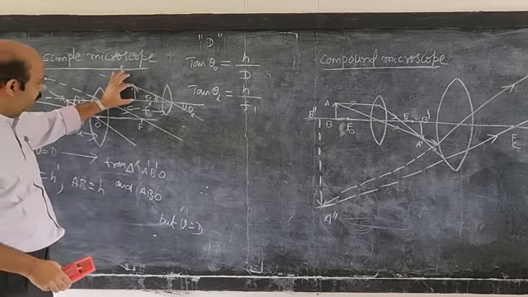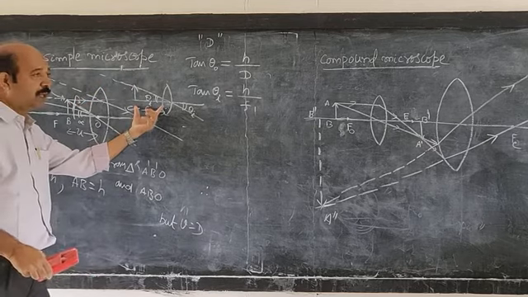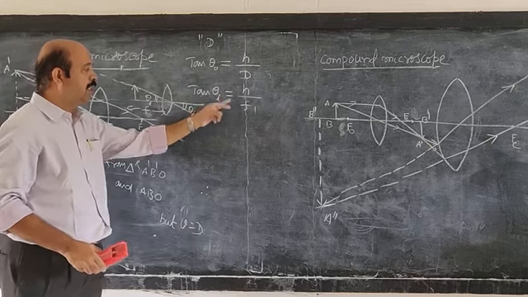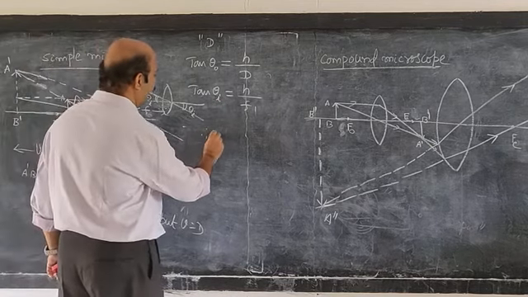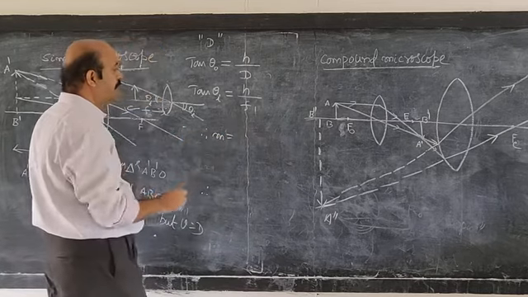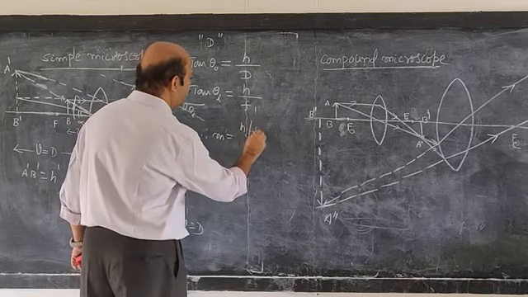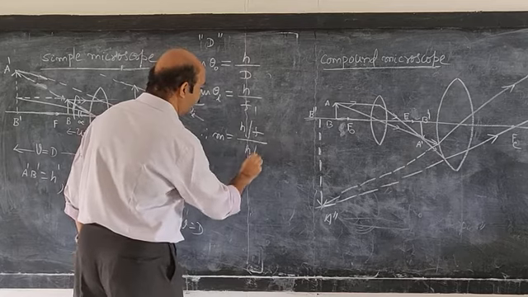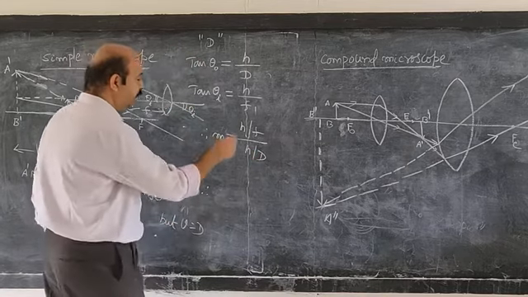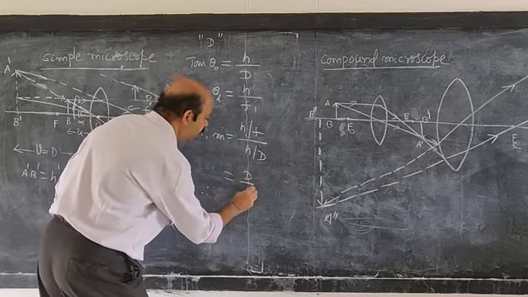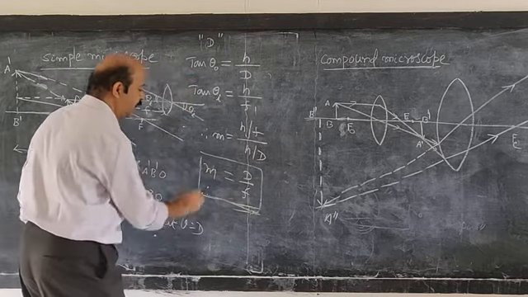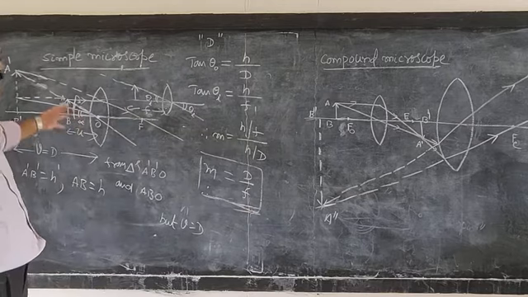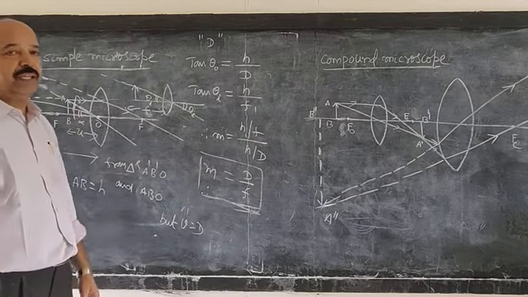So this is the length of the object, and this is the distance of the object. Hence theta is equal to h by f. Therefore, the angular magnification is equal to h by f divided by h by d. So h gets cancelled, and we get d by f. This is the formula for magnification when the image is formed at infinity.